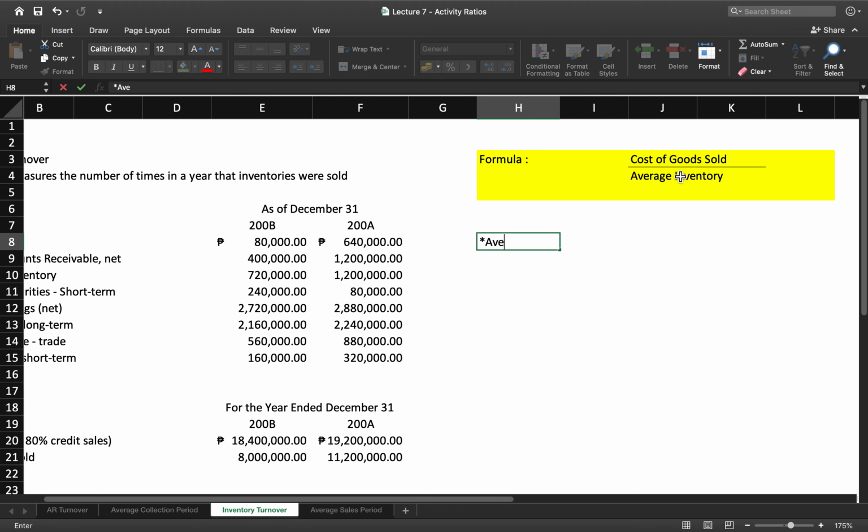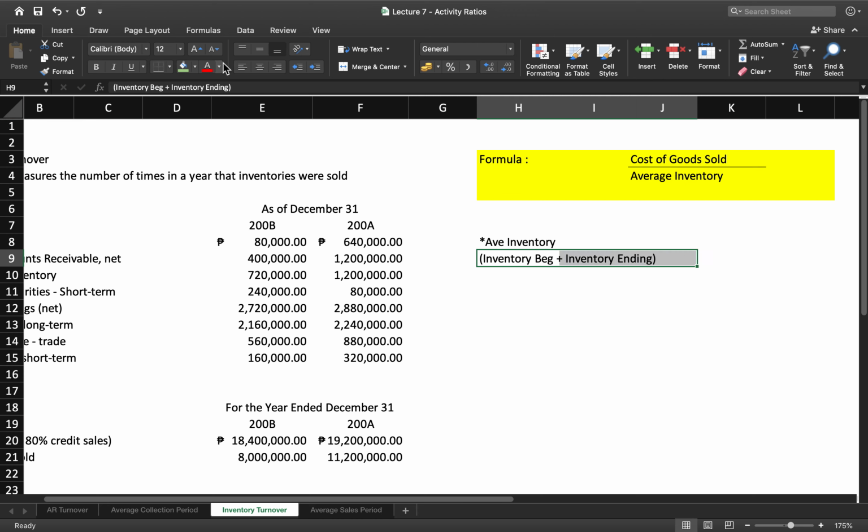So, katulad ng average accounts receivable, ang ating average inventory would be inventory beginning plus inventory ending, then divide lang natin sa 2. So, divided by 2. Okay. So, yun ang ating average inventory.